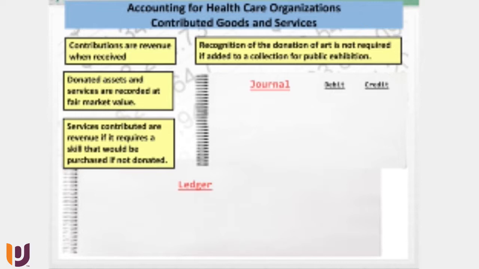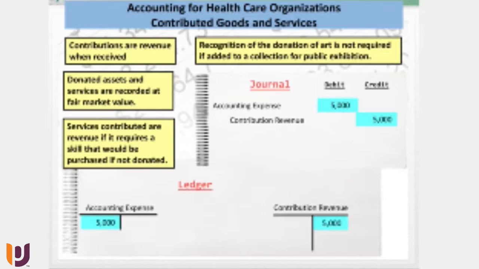For example, if you provide free accounting services to a nonprofit that normally would cost $5,000, the journal entry would be a debit of $5,000 to accounting expense and a credit of $5,000 to contribution revenue. The amounts are posted to the ledger.